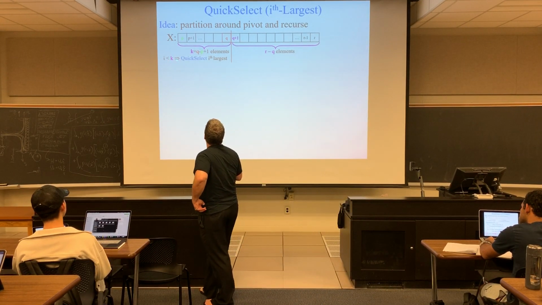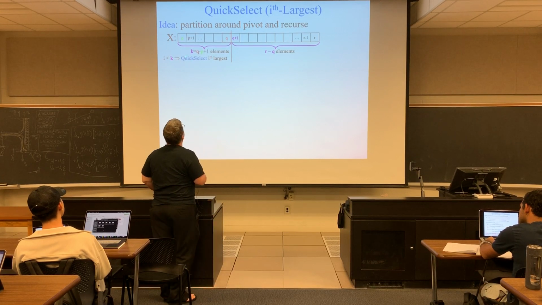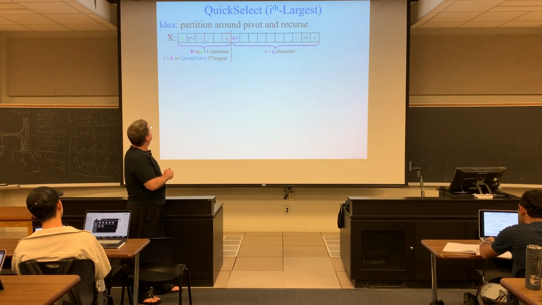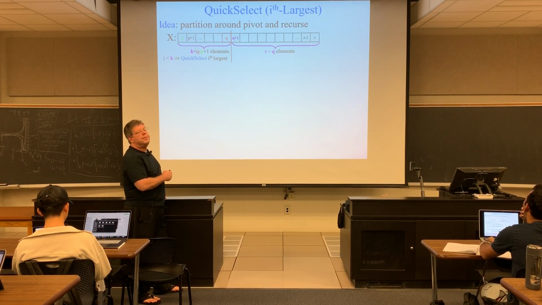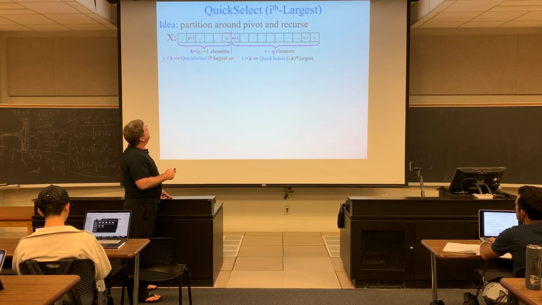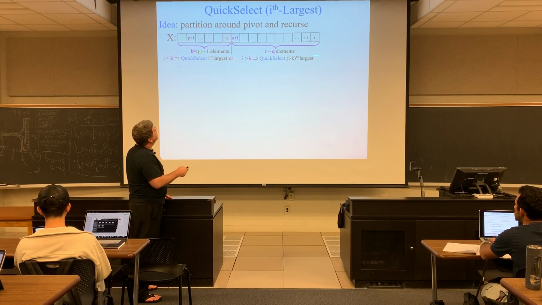So if i is less than k, in other words, the ith largest that we're trying to find falls in this bunch as opposed to in this bunch, we're going to then do quick select for the ith largest in this portion. But if i is greater than k, in other words, the ith that we're trying to select is falling in this portion, i is greater than the number of elements in this first portion, then we're going to do a quick select recursion on the second half.